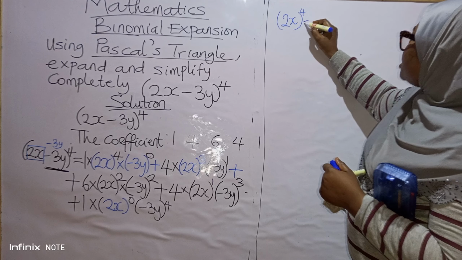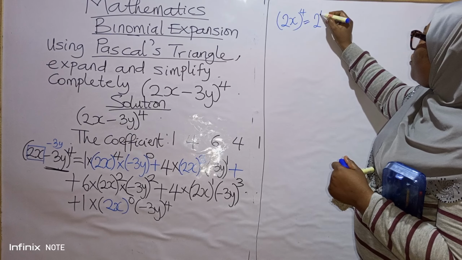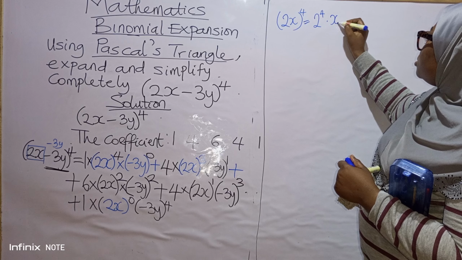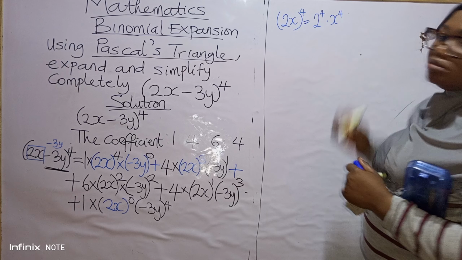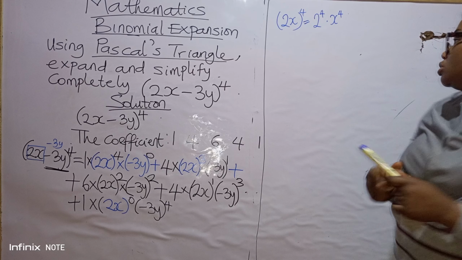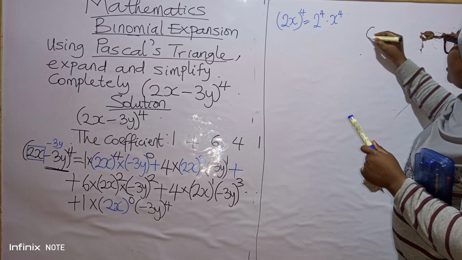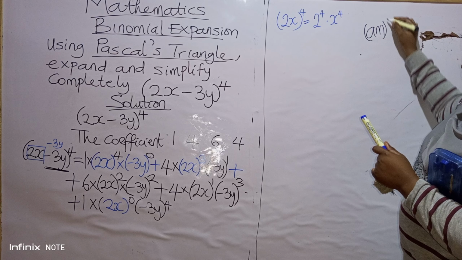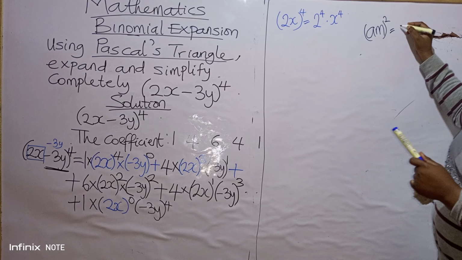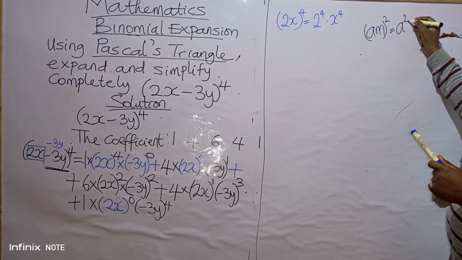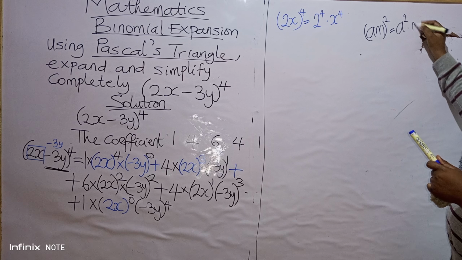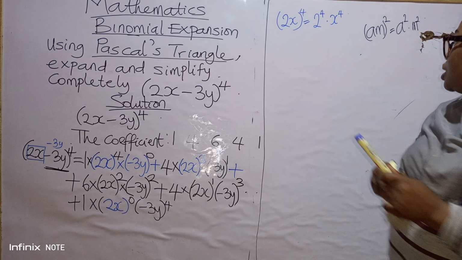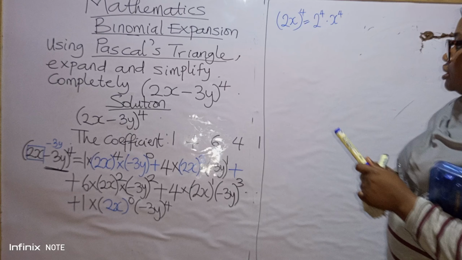This one means 2 raised to the power 4 multiplied by x raised to the power 4. It's the same thing. Like if we have (am) everything raised to power 2, it will be a raised to power 2 multiplied by m raised to power 2. So take note of that.